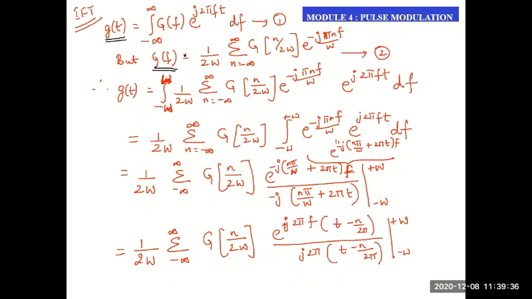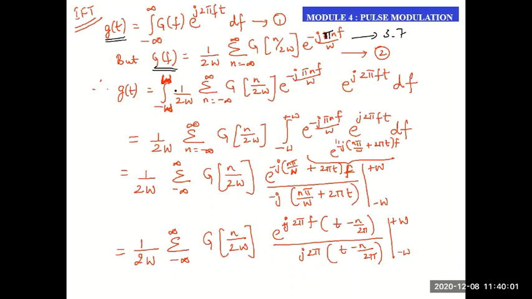Now, we had g of f given, this was equation 3.7: 1 by 2w summation g of n by 2w e power minus j pi nf by w. We did not have 2. Yeah, you're right. Now, how do I get g of t? All you have to do is substitute this in this and simplify.